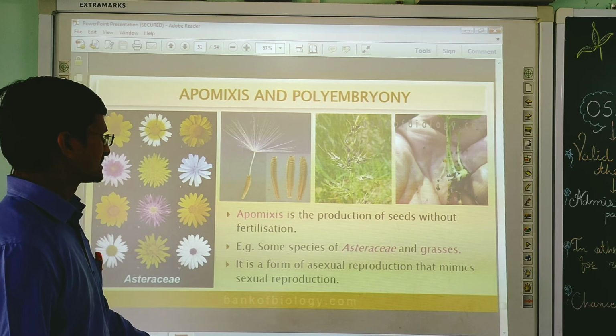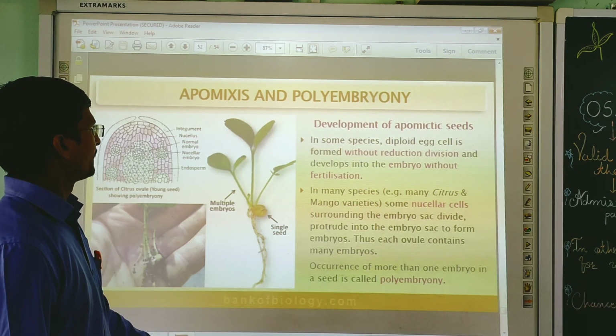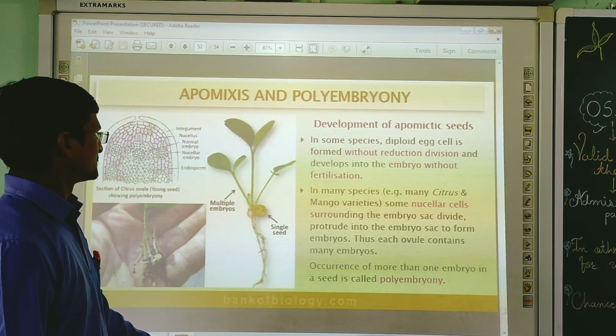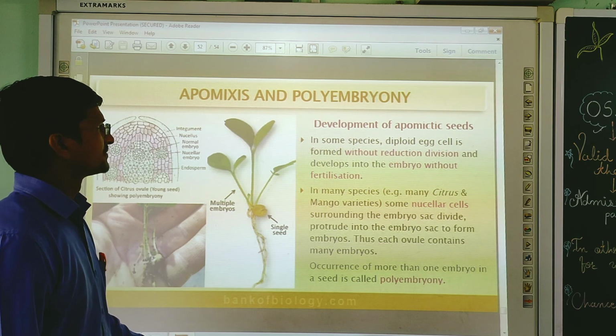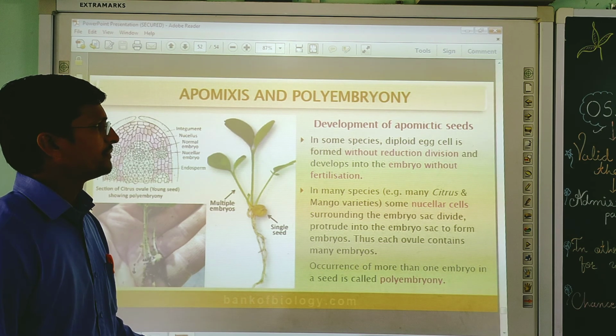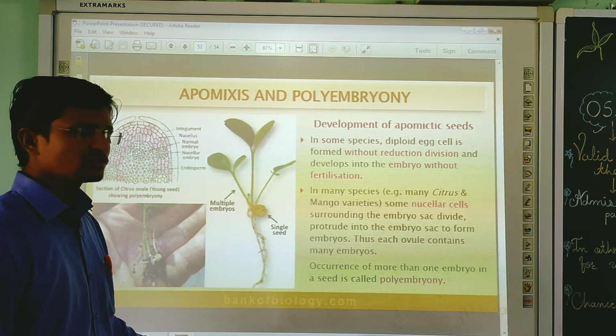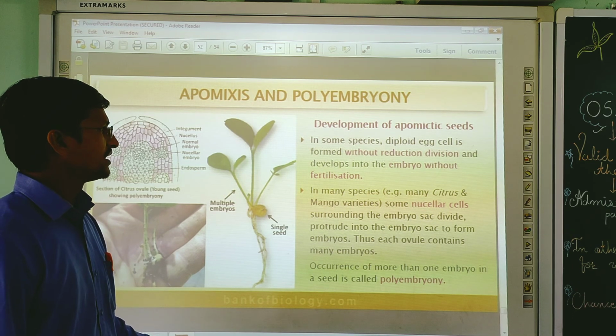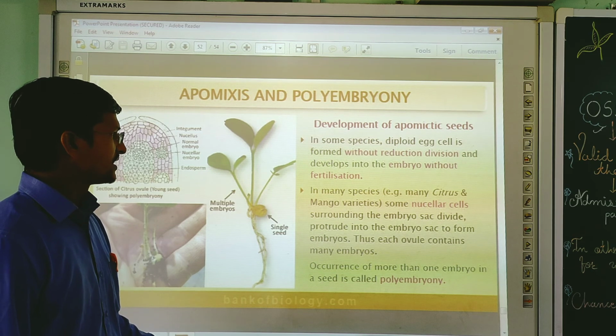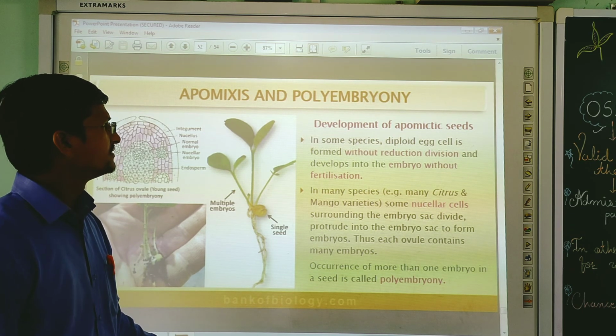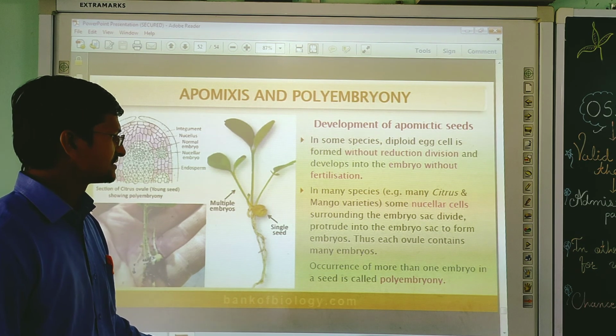There is apomixis, and the development of apomictic seeds. In such species, the diploid egg is formed without reduction division and develops into the embryo without fertilization. Many citrus and mango varieties have apomictic seeds.